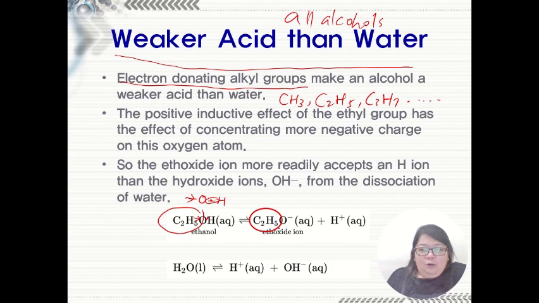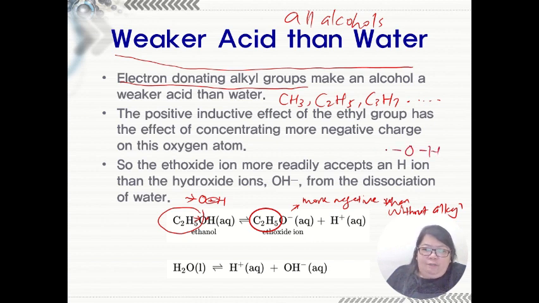Now, also this O here, in the alkoxide ion that is formed from the dissociation, has high intensity of electrons, so making this negative charge very negative, more negative than without the alkyl group, like in water.